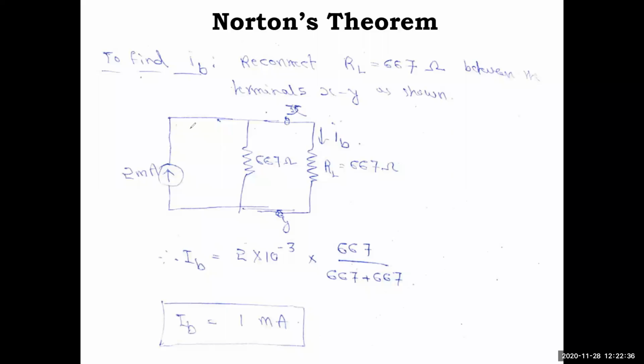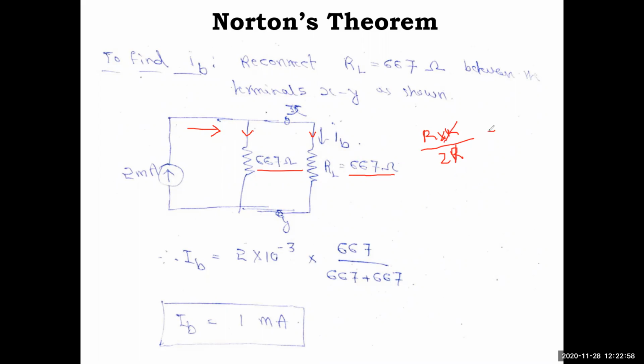Now this is a current division rule. There is a total current of 2 milliamps flowing here, and both are having the same resistance value of 667 ohm. When you have such cases, if you write the parallel case, both resistances are equal, so R into R by R plus R, which is 2R. One R will cancel out.